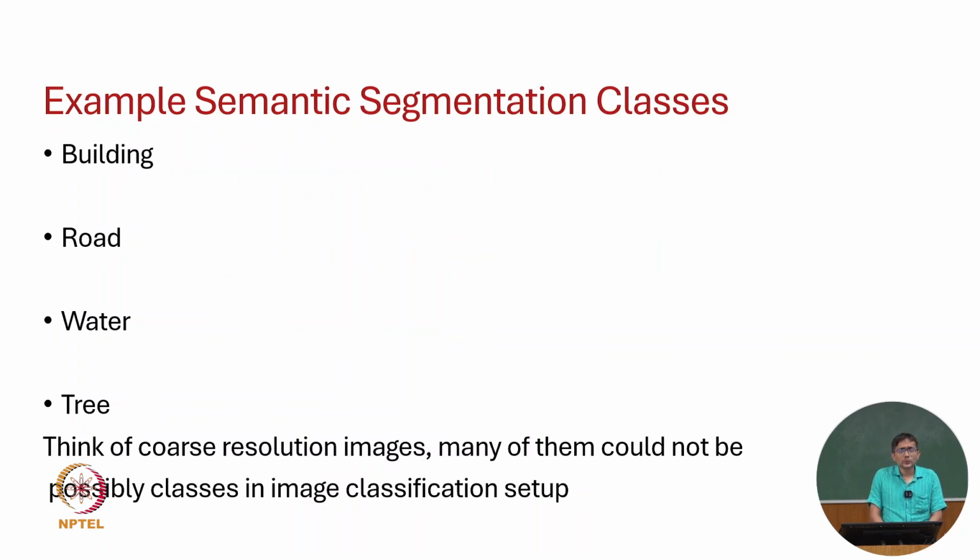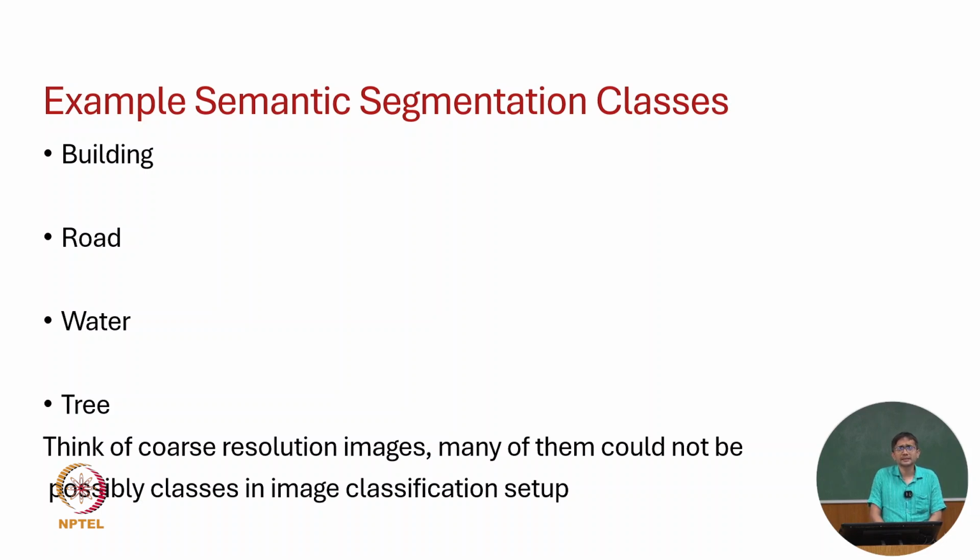Here are a few example semantic segmentation classes like building, road, as we were discussing in the example already, right? Water, tree. Now, think about coarse resolution images, right? Like in the case of Earth observation, most of the time we are dealing with coarse resolution, 10 meters per pixel, or even something like 1 meter per pixel.